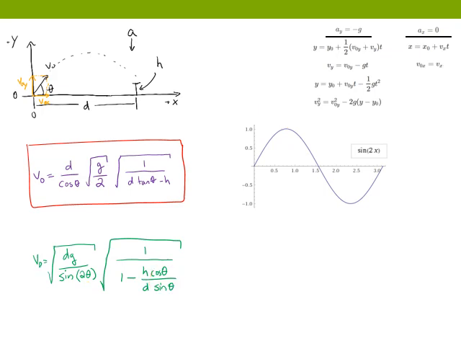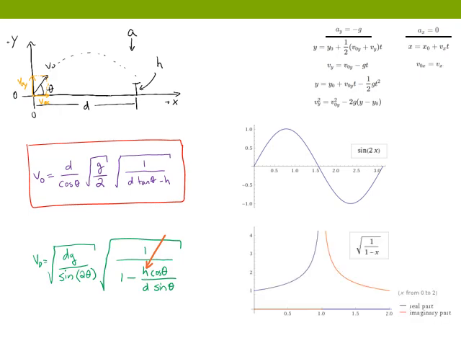The last thing we can ask is, well, what influence does my height have? This one's a little harder, but let's look at this. I plotted something that looks an awful lot like our term there. Now we have this x in the equation. I just plotted square root of 1 over 1 minus x.